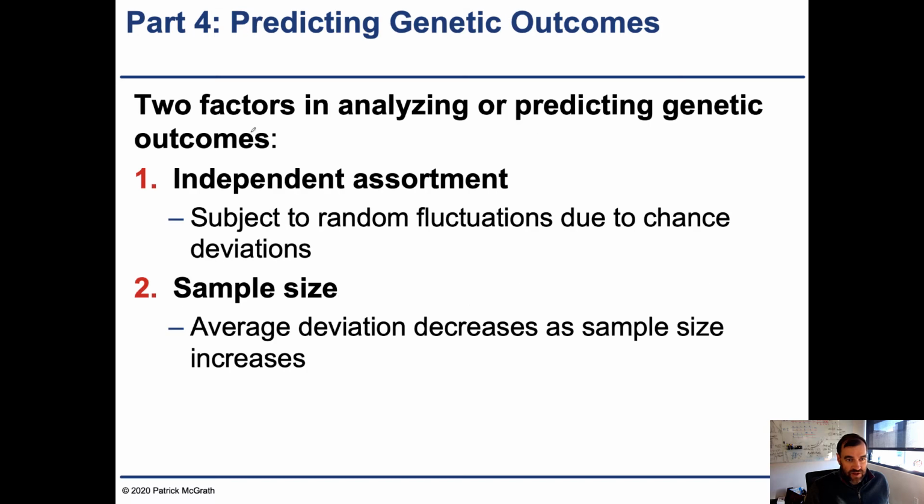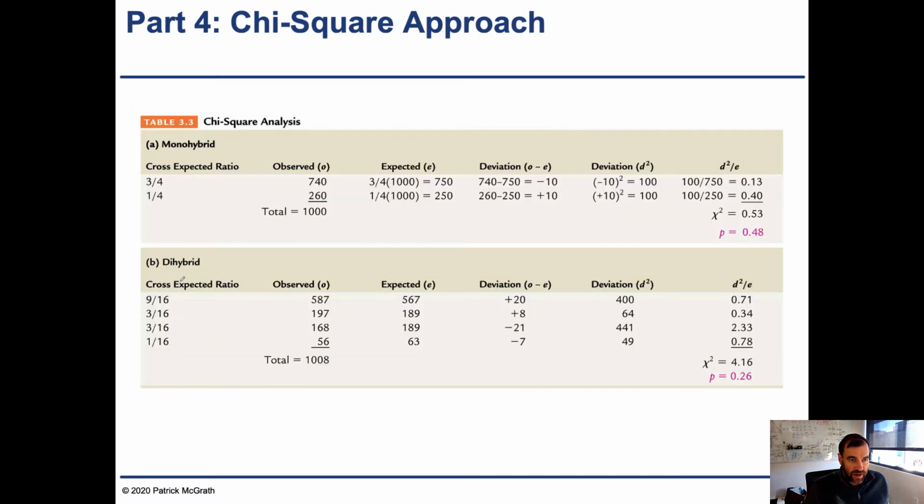Some of the important things that you need to know are the sample size, the expected ratio, and the data, so the actual data that you observe.